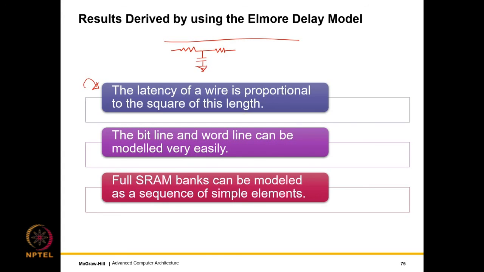I'm sorry, I was supposed to represent this with a triangle. I replace this with its equivalent RC circuit. So what I need to do is take a look at the time constant, which, as you have seen over here, is the summation of Rij Cj.